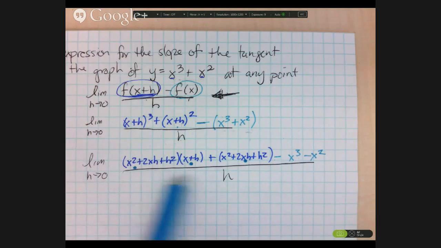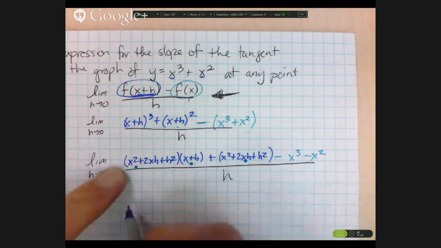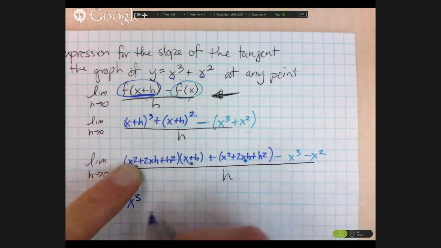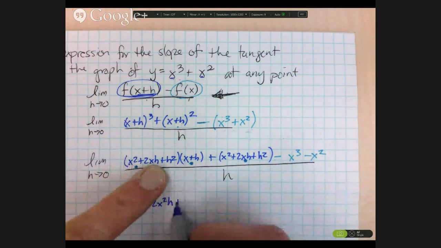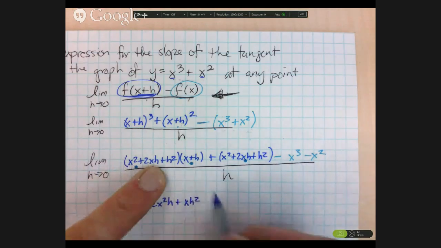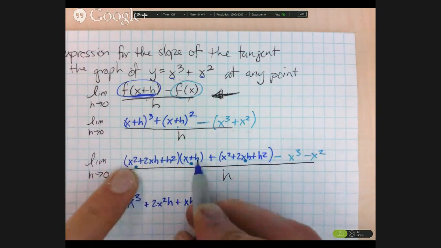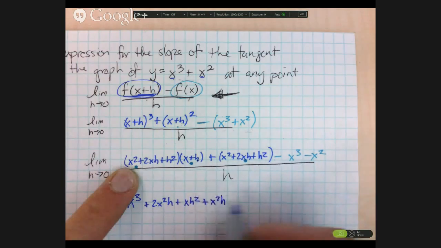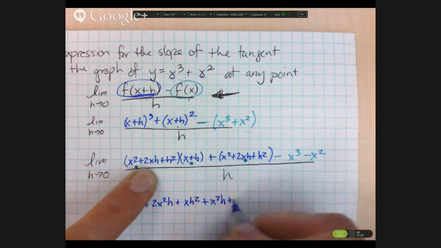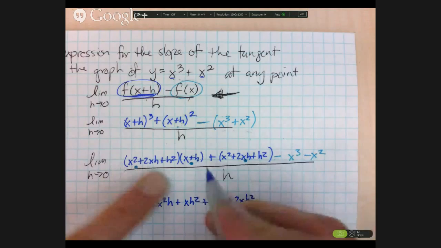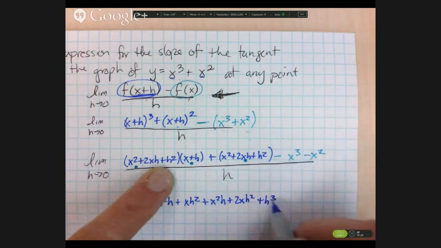All right, so how do I multiply those together? Every term times every term, yeah. So I have x cubed plus 2x squared h plus xh squared. And then I go back here, x squared h, 2x h squared, and h cubed.